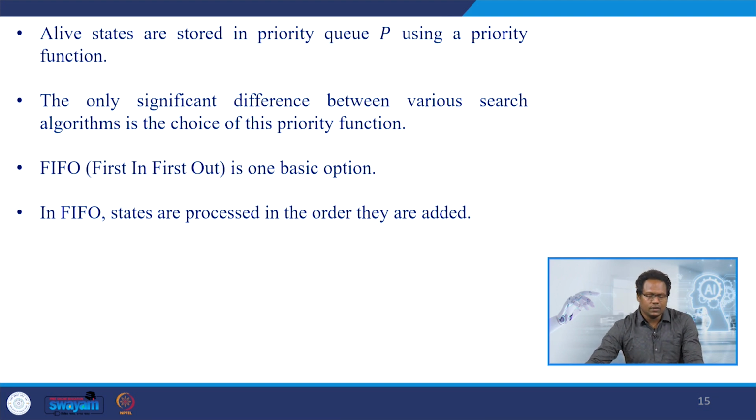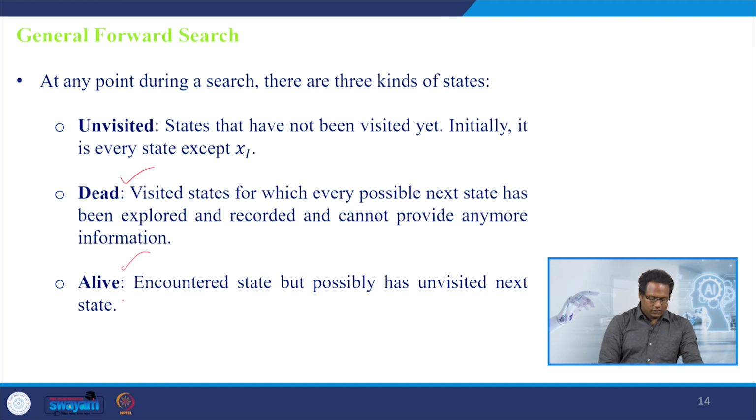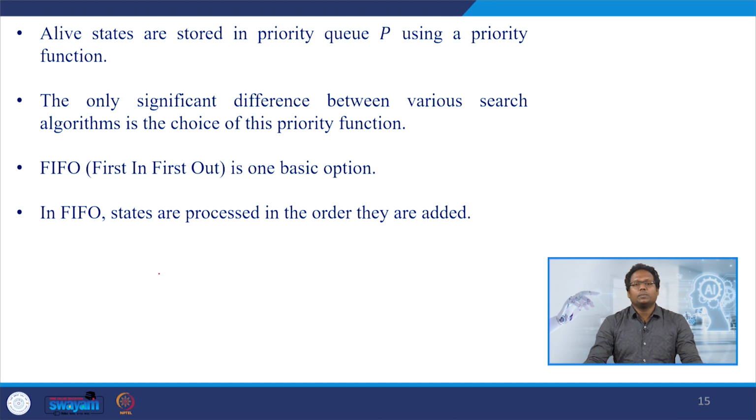These alive states are stored in a priority queue P using a priority function. The only significant difference between various search algorithms is the choice of this priority function, that is, how we arrange the queue of states.